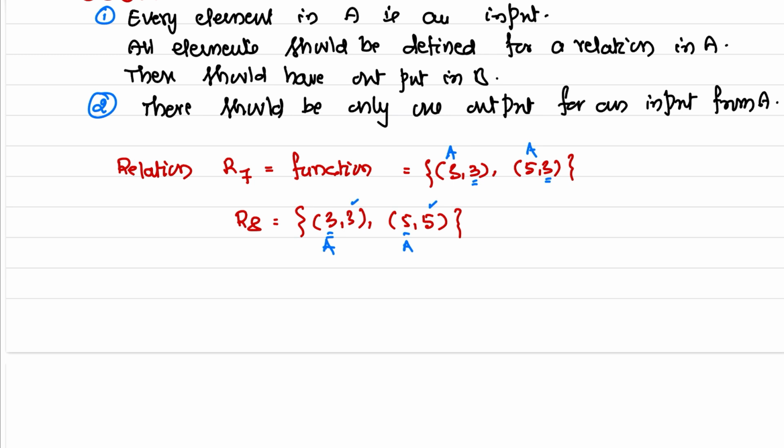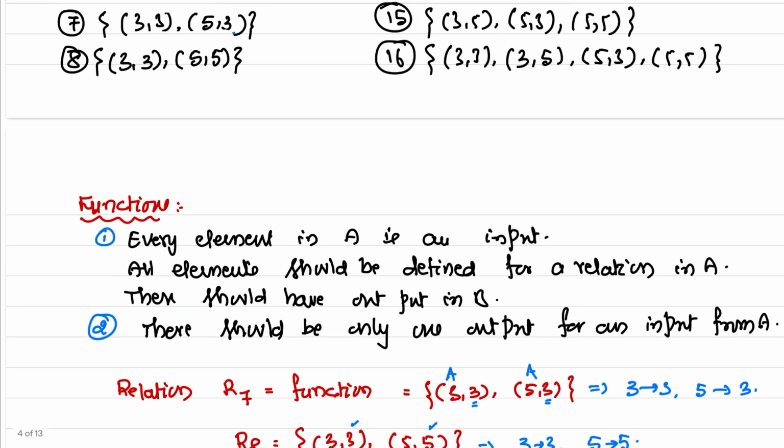Different outputs, no problem. 3 to 3 is one relation, and 5 to 5 is another relation. Both are defined. It's a function.